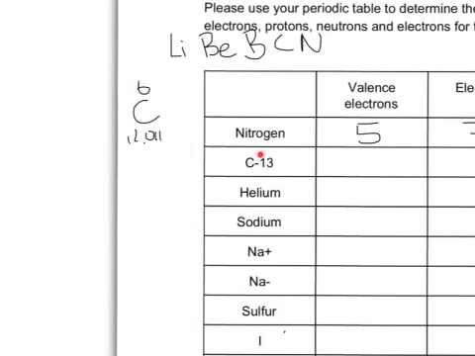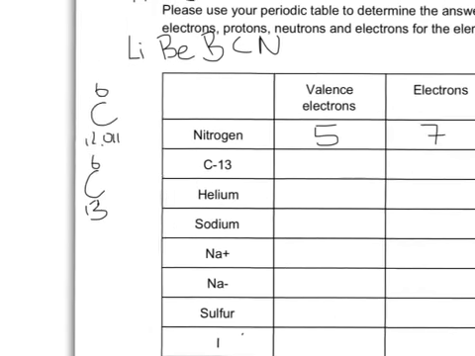Yet, this C13 indicates that 13 is its atomic mass. So we could actually even write it like this: carbon, with a little 13 down there. Carbon will always have 6 protons. If it has a different number of protons, it will be a different element. The 13 indicates its atomic mass, and so 13 minus 6 would give 7 for the number of neutrons.